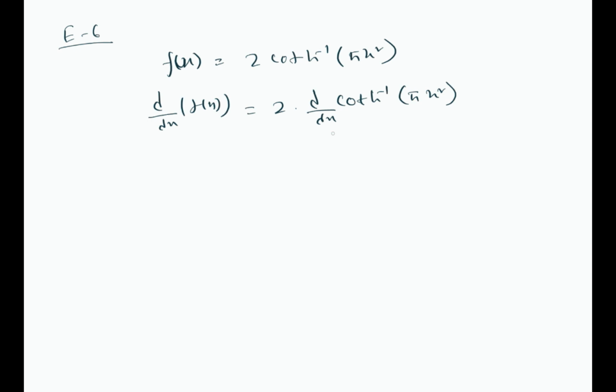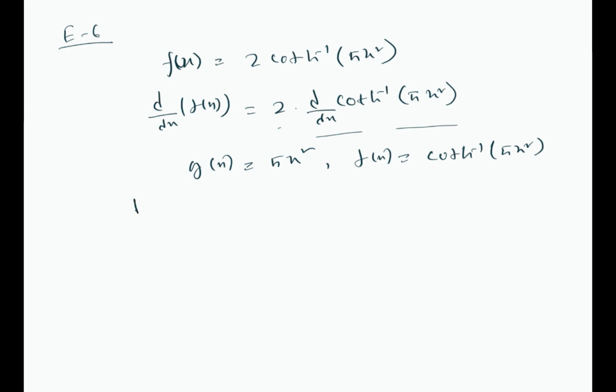So we'll be talking about this part. This is a constant, we don't need to talk about this. So here our inner function is 5x squared, and our outer function, which is the original function, is inverse hyperbolic cot of 5x squared, right?